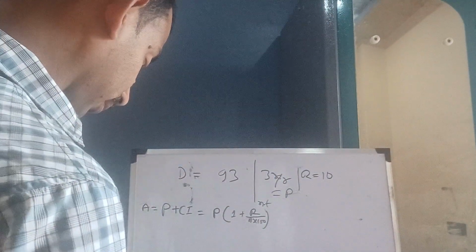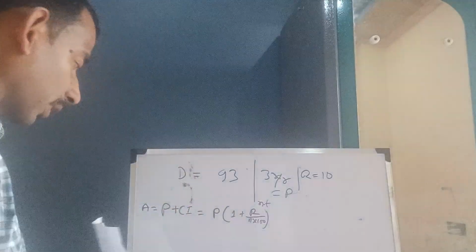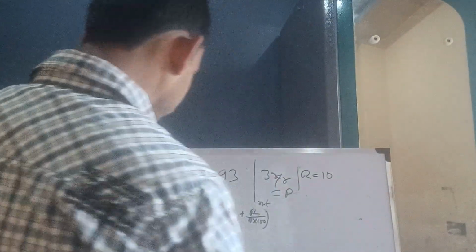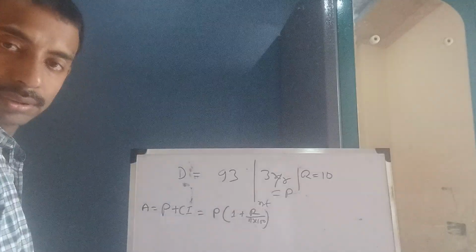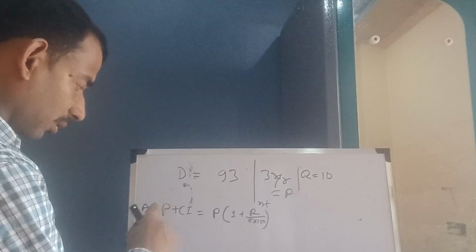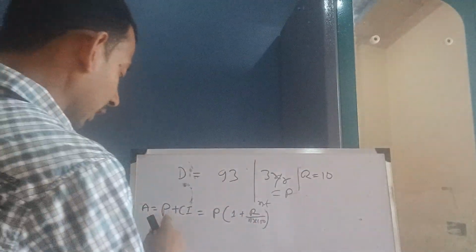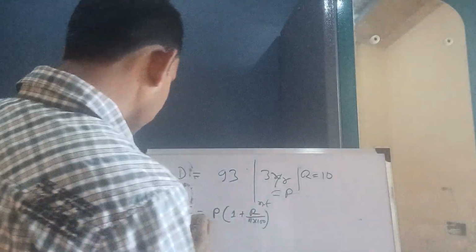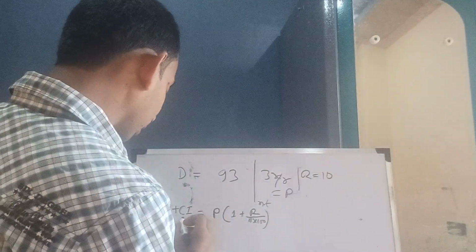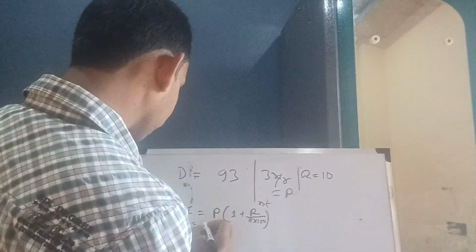Now take the example. Now go to the solution. This is the formula of compound interest. For the compound interest, total interest CI equals what?